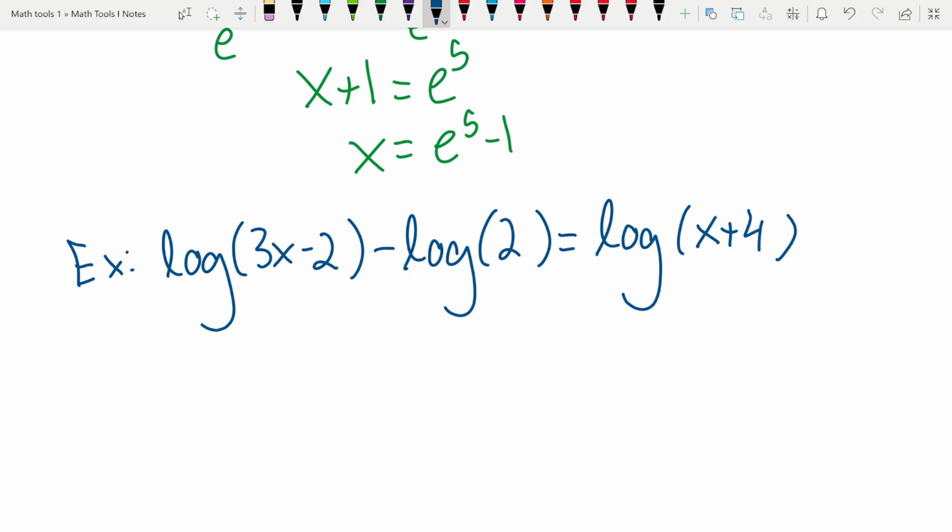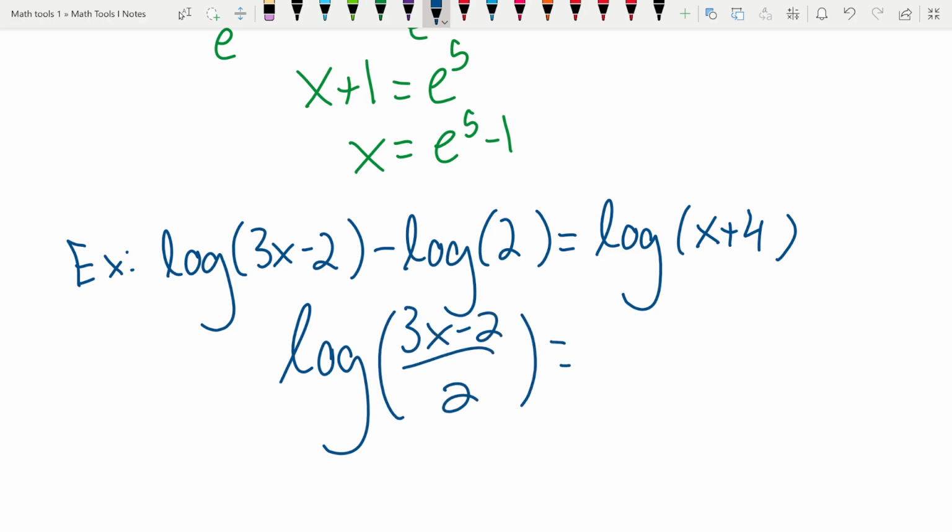What we really want to do is use the logarithm properties to condense the left side, so we just have one log on each side. Specifically, we use the quotient property to say that this is log of (3x minus 2) over 2 equals log of x plus 4.